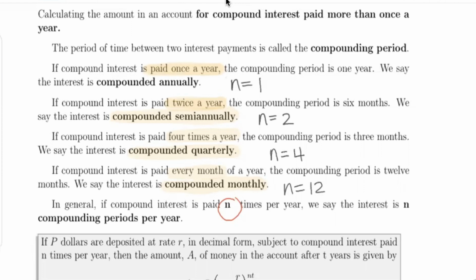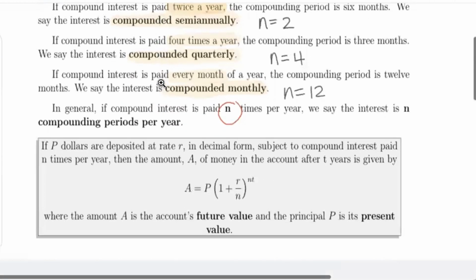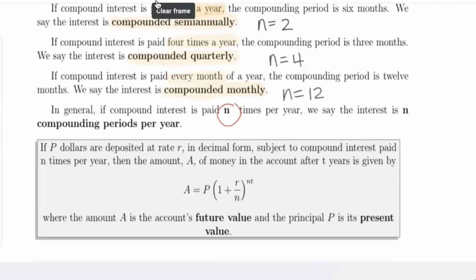So here's the formula at the bottom of the page: if P dollars are deposited at rate R, with compound interest paid n times a year, we get amount A. This is the formula.